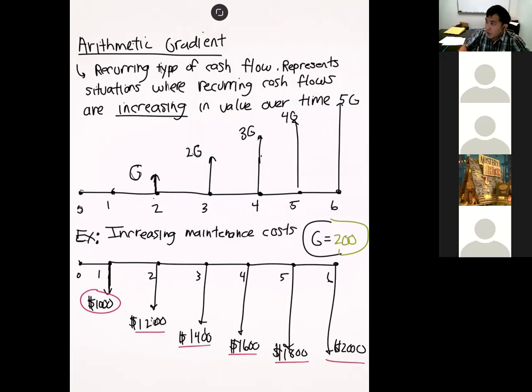And so to represent a situation like this, where you have a cost that starts on year 1 and then increases every year after that, you can represent this as a sum of both a uniform series and an arithmetic gradient. And so in addition to having a G of 200, we can also have an A of 1,000.